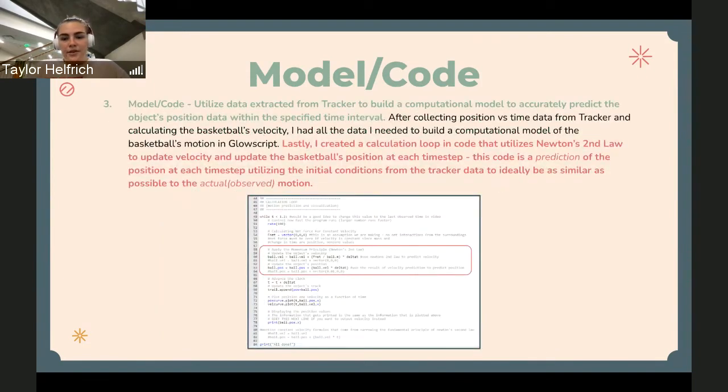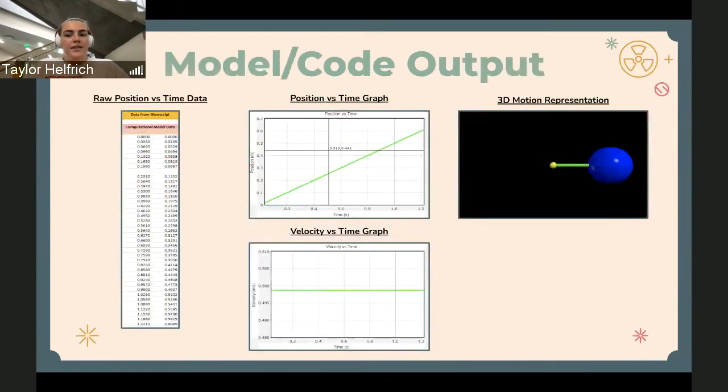Then I created a calculation loop in code that utilizes Newton's second law to update velocity and position at each time step, which acts just as a prediction of the position data to see how close we can get it to the actual data. Here's some of the modeling and coding output: the raw position versus time data, the position and velocity versus time graphs, as well as the 3D motion representation.